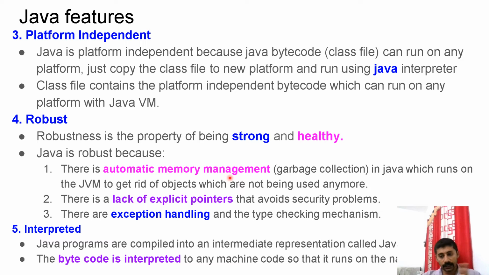Once you restart it, it will come back to normal. Many times, memory leak is the key reason behind that. There is automatic memory management, garbage collection in Java, which runs on the JVM to get rid of the objects which are not being used anymore. So Java will take care of that. So memory leaks won't happen. That problem is removed from Java programs.